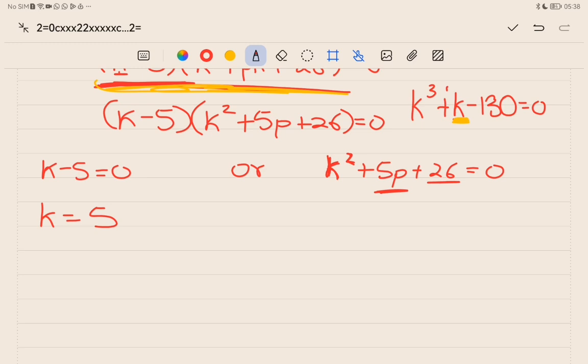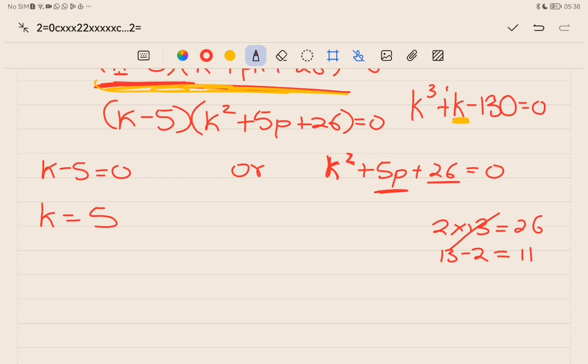2 and 13, when you multiply them, give you 26. But 13 minus 2 gives you 11, so we don't want them.